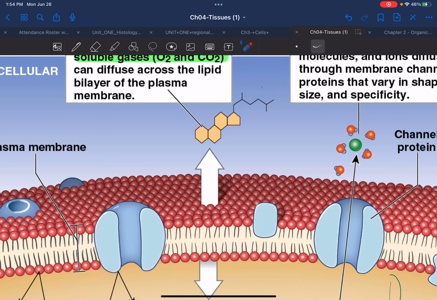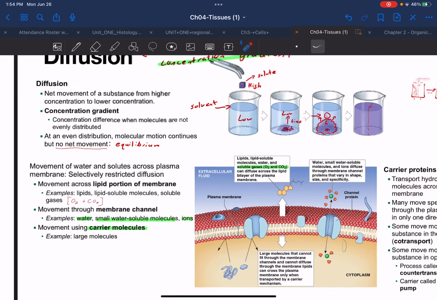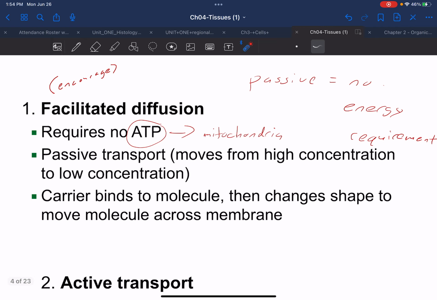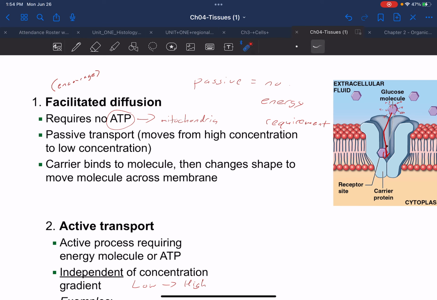Instead of relying on it to naturally diffuse through, it might create a very specific protein that has the shape for this molecule. And then it'll be faster for it to go through here than through here. So facilitated diffusion is just a way of increasing the speed at which things go from the extracellular side to the intracellular side.